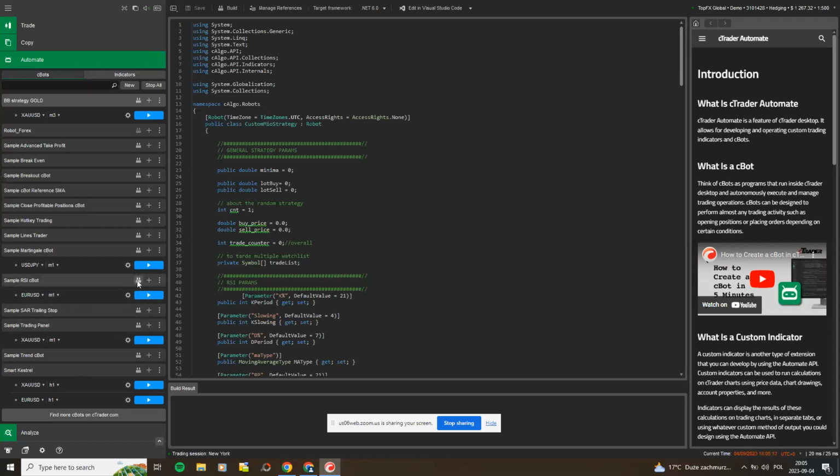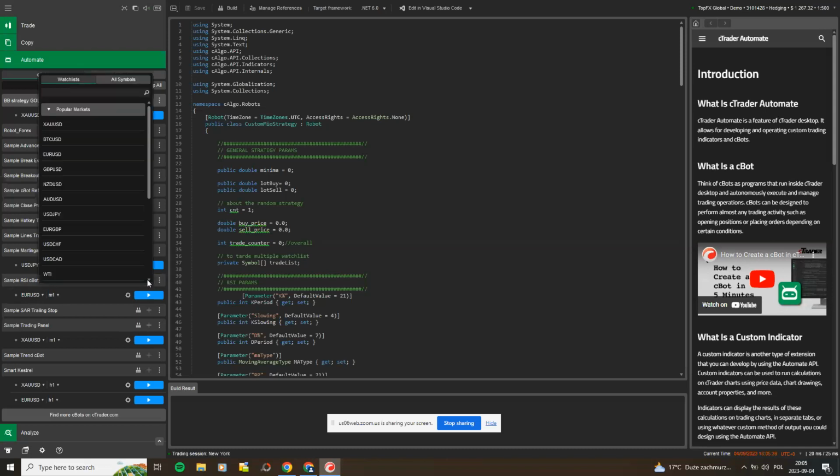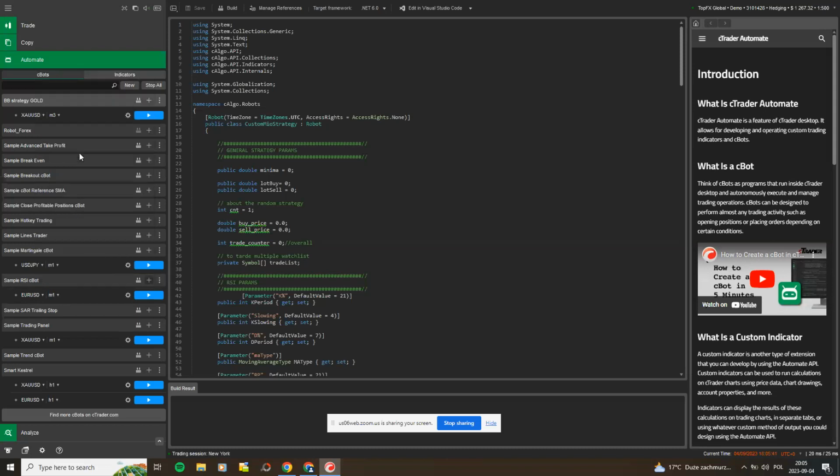So what we can do is build this bot again, and then run it or attach it to the 1 minute time frame chart of, let's say, EURUSD. Let's stick with the EURUSD. Then we will run it and see how this robot is performing and if we can optimize it.